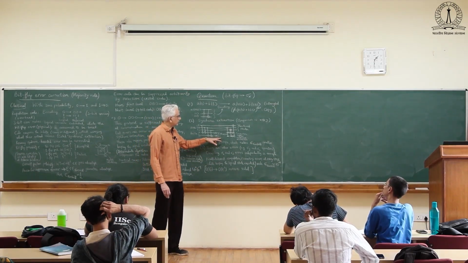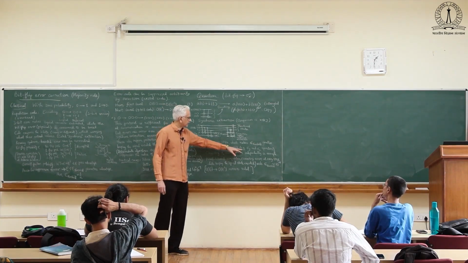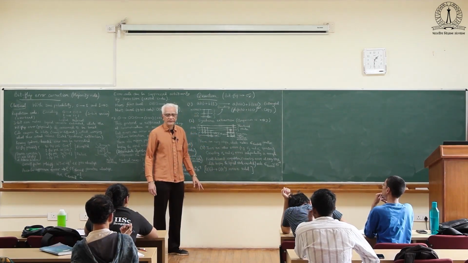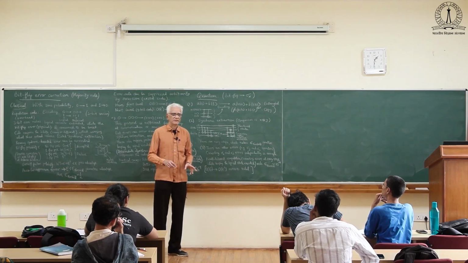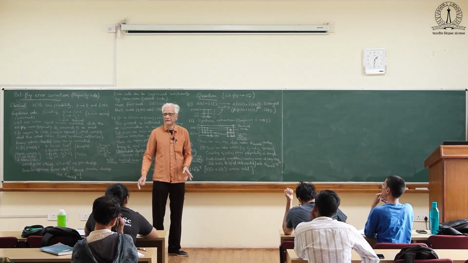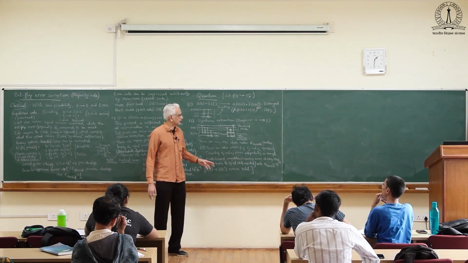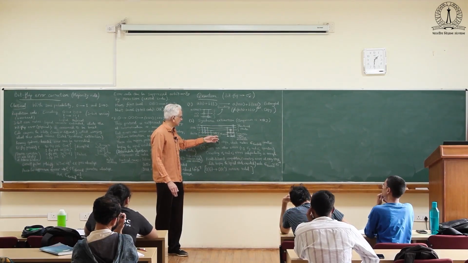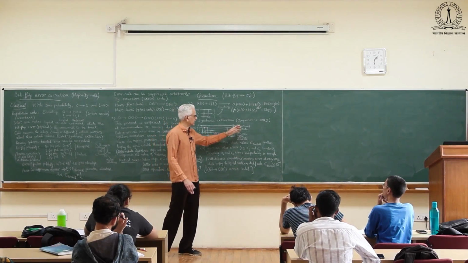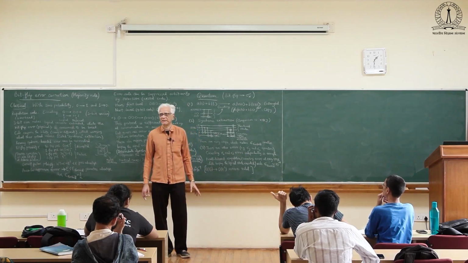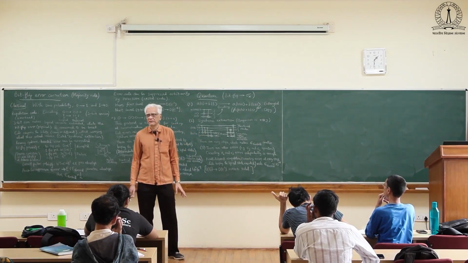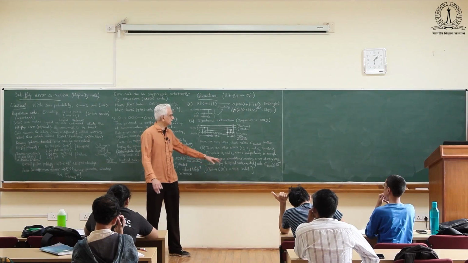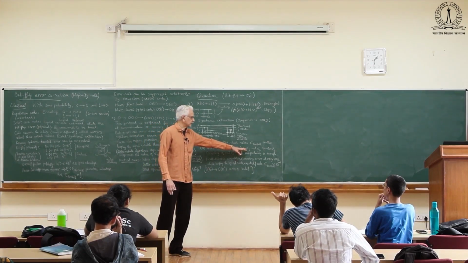But the point is, what will happen if the error is sigma y? I can write sigma y as the product of sigma x and sigma z. So it's equivalent to saying that the error will be corrected in the first part of the circuit and it will be corrected in the second part of the circuit also. And then you don't have to deal with it separately.